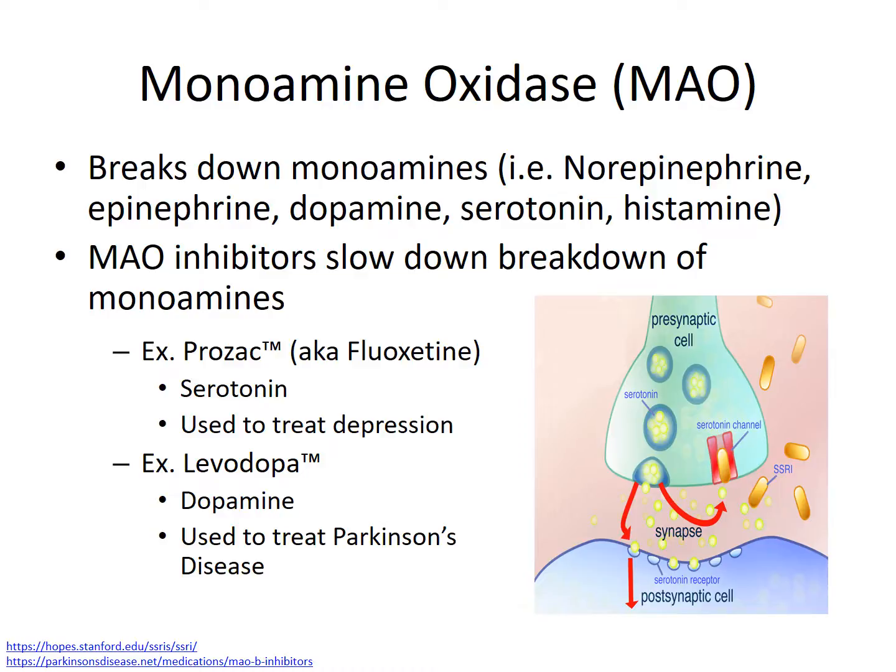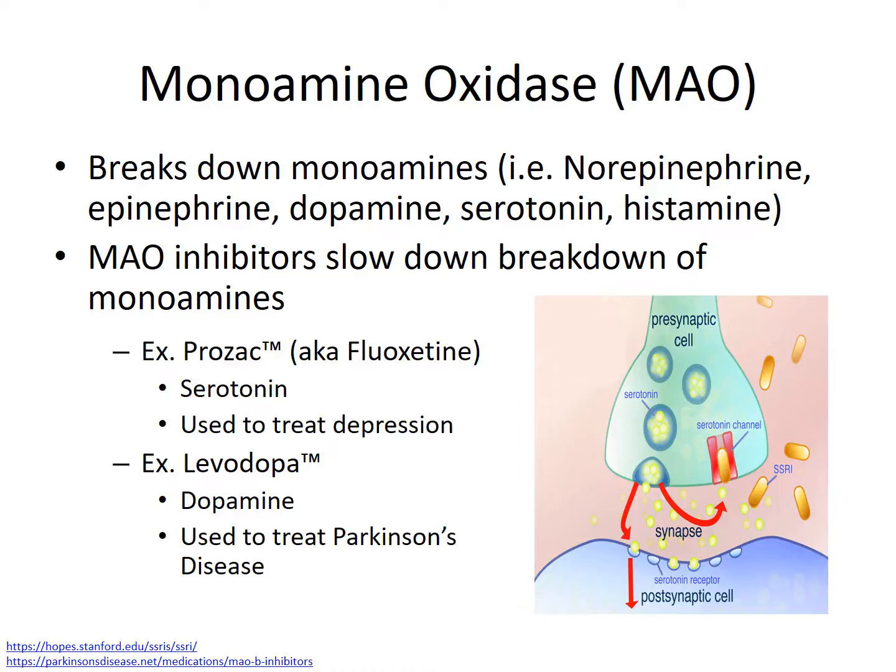There are certain drugs that are designed to be monoamine oxidase inhibitors. So they inhibit this enzyme, and as a result, they slow down the breakdown of monoamine neurotransmitters.